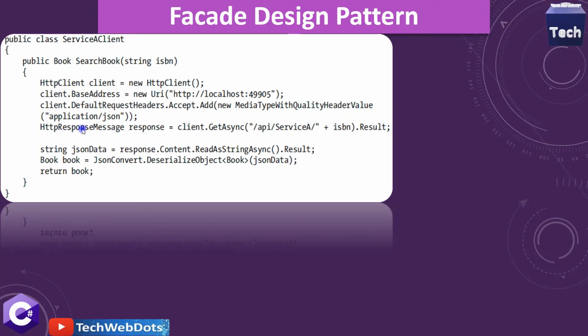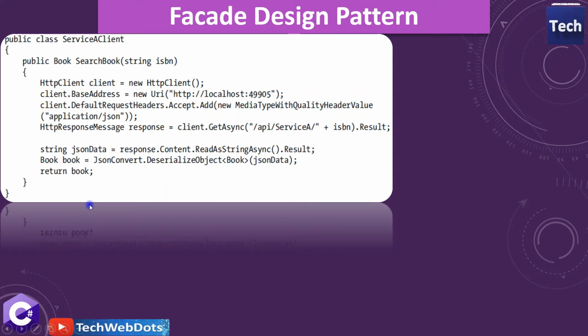Then we receive the response from the client object's GetAsync method, where we specify the URI, which will be API, service A and ISBN, and we call .Result, which will be received as an HTTP response message. At the end we convert that result into JSON data, and then we parse that JSON data into a book object which is returned by this search book method.